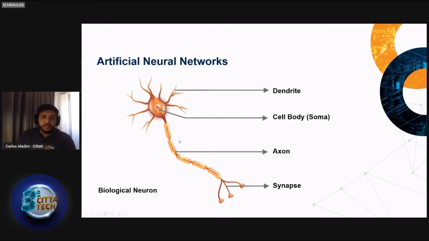We have the axon, which is responsible for carrying the processed signals from the soma to the relevant cells, and we have the synapses. The synapses are the connections between an axon and other neurons' dendrites.